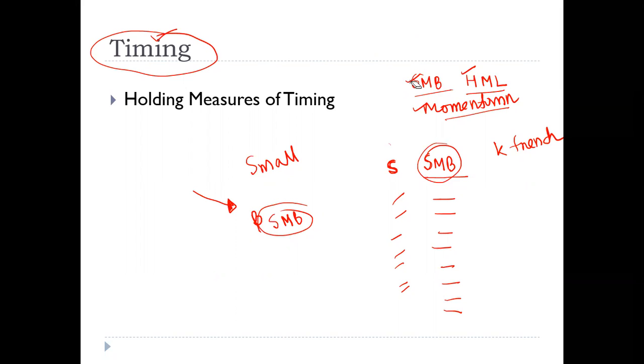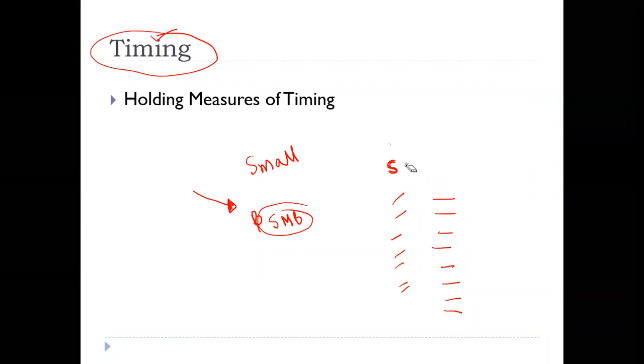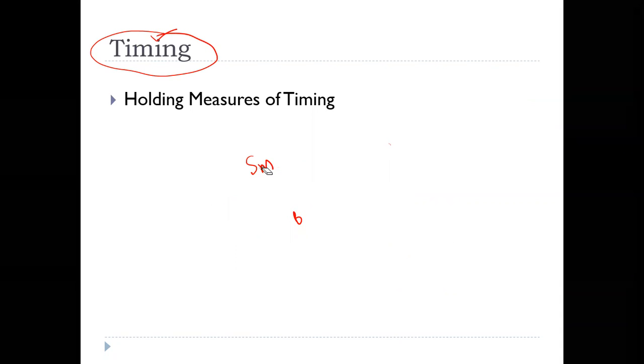Okay. So you probably have come to learn how to time the market, or not only time the market, time any factor. That factor can be the market factor, SMB, HML, momentum, or the sentiment factor.